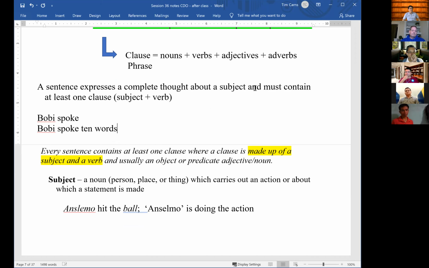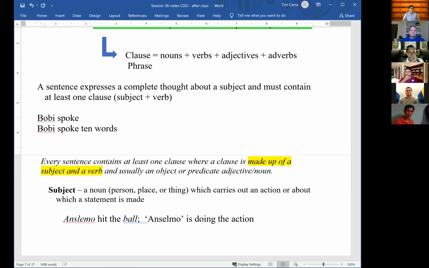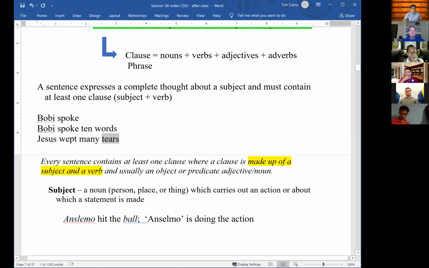Another example, from Scripture, a two-word sentence: Jesus wept. That's a complete sentence because it contains a noun and a verb, and it does express a complete thought. Now, I could have said Jesus wept many tears, so I just added a direct object. The passage doesn't say that. It just says Jesus wept.